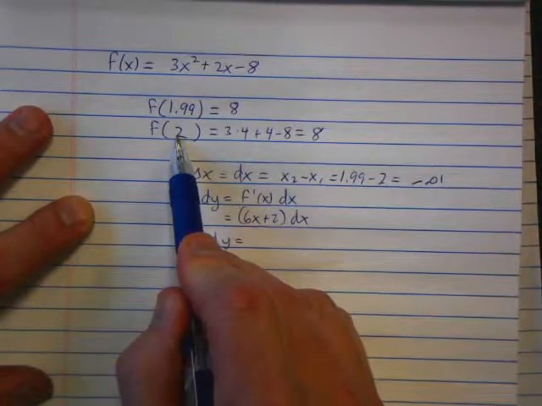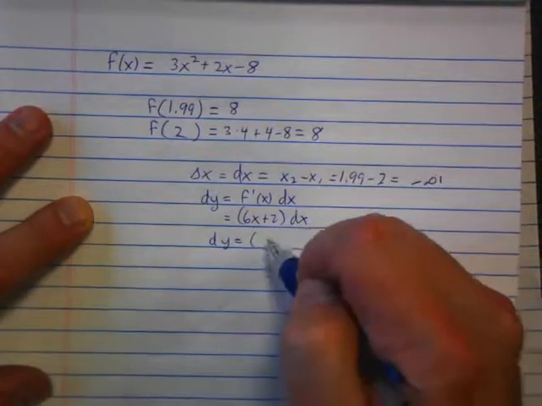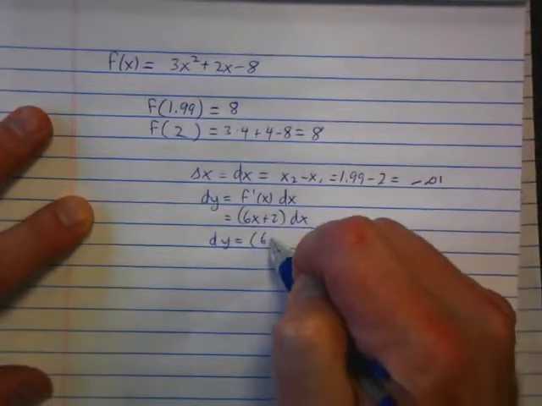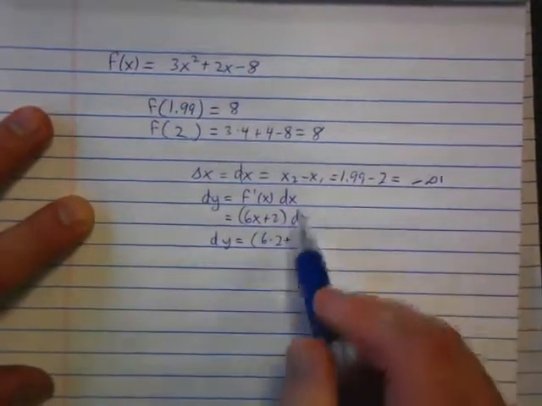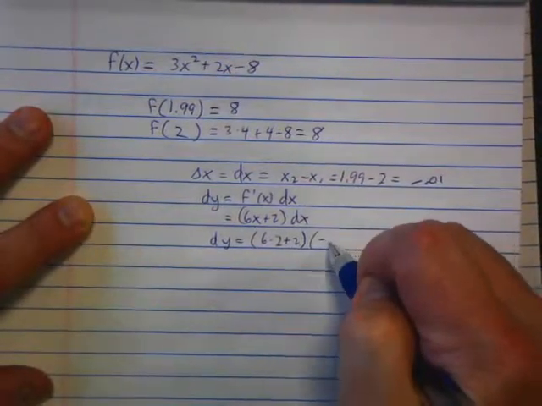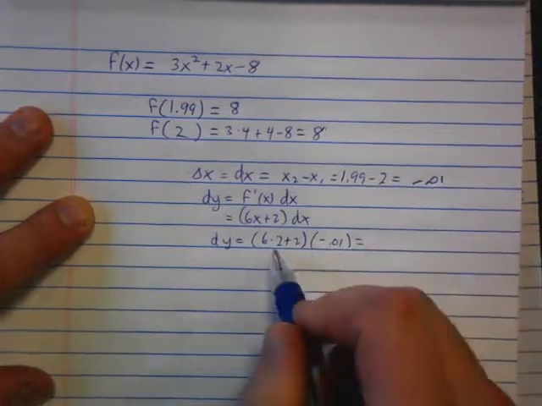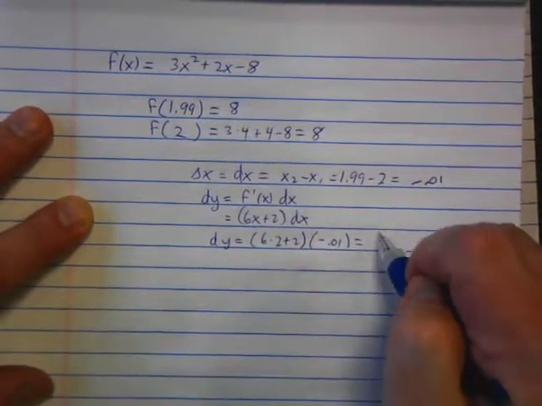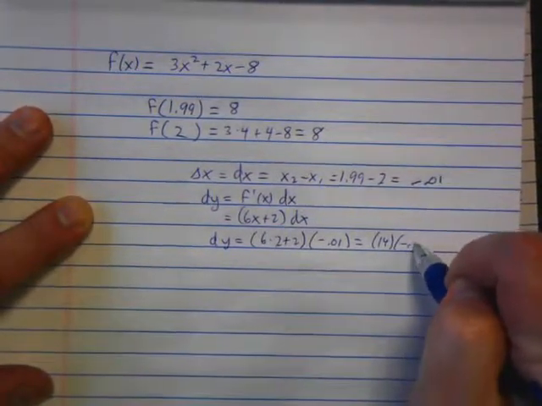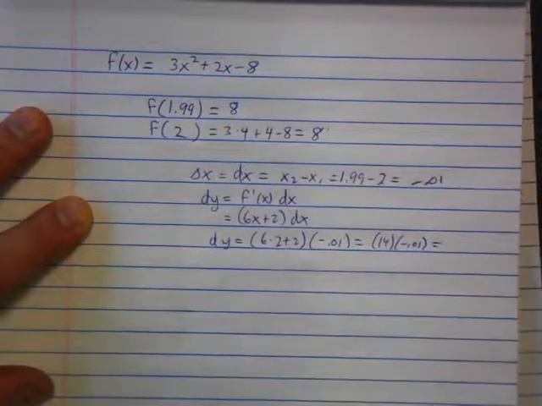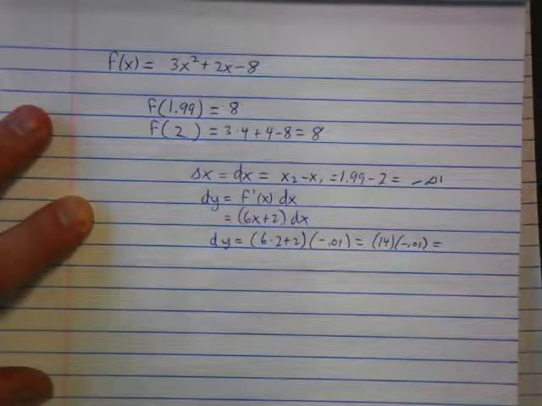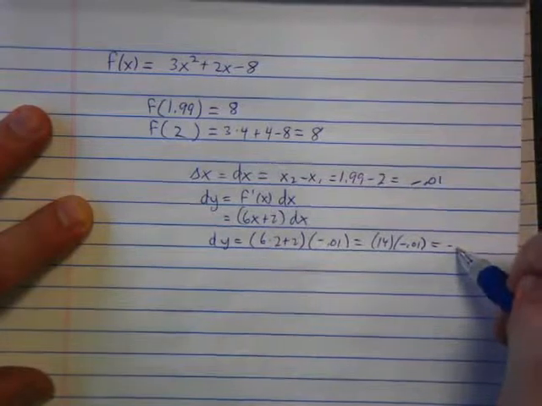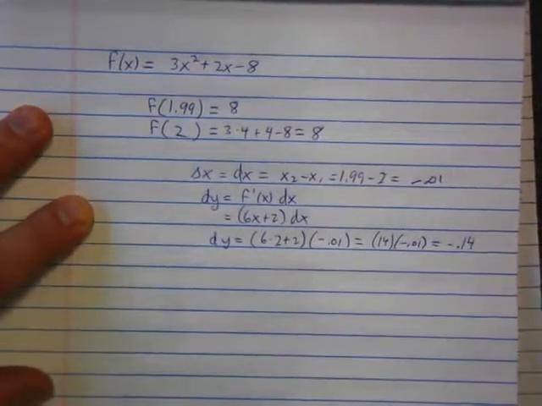We plug in the easy value for x. I'll write it down. 6 times 2 plus 2. And what's dx? Negative 0.01. 6 times 2 is 12. 12 plus 2 is 14. What's 14 times negative 0.01? Negative 0.14.